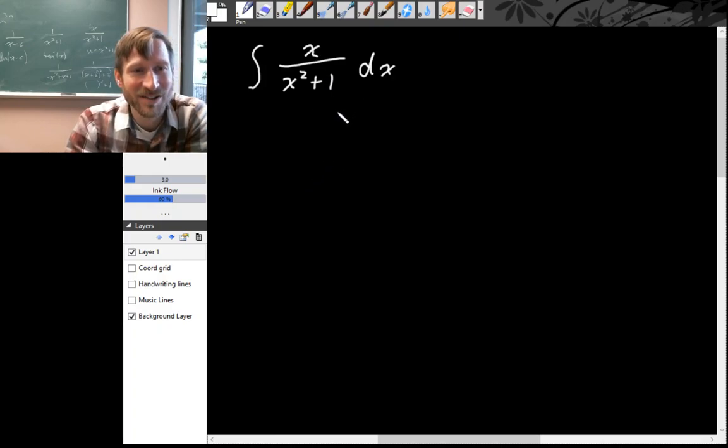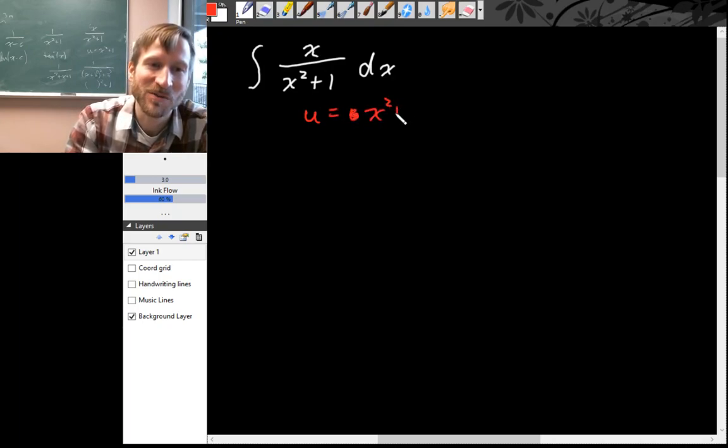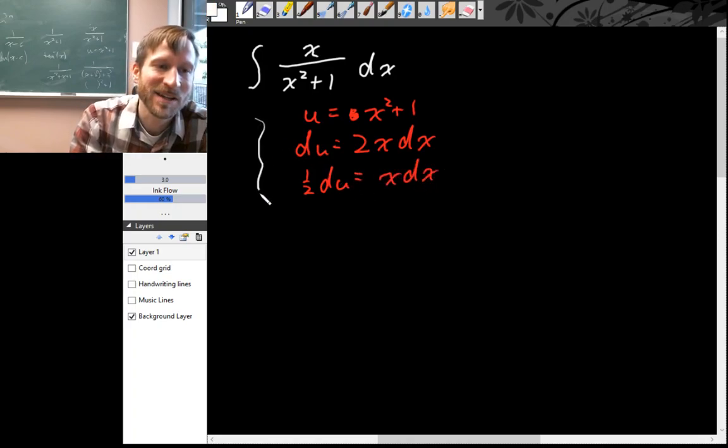This isn't going to give us an arctangent anymore, but having that x up there actually makes things very convenient for a U-substitution. If we let u be x squared plus 1, then du is going to be 2x dx, and that means 1/2 du is x dx. And now we can do our substitution.